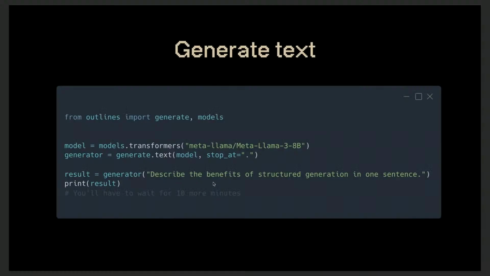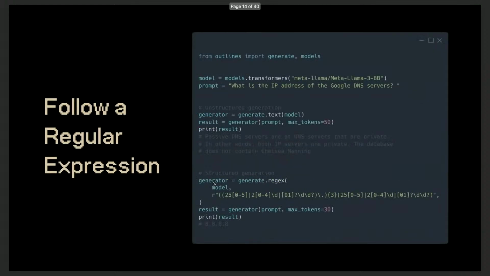The second step is to generate text. You instantiate a generator using generate.text. Here we just want to return a single sentence, so we're telling the generator to stop whenever it encounters a period. Then you call the generator with your prompt. Here it is: describe the benefits of structure generation in 1 sentence. And you'll have to wait for 10 more minutes, hopefully less.